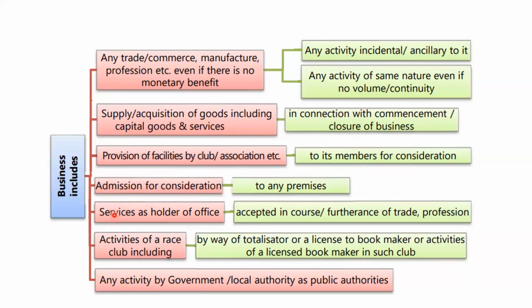Services, which is basically the holder of the office, here he will be accepted in the course or the furtherance of your trade and profession. Here, the activities of a race club, which includes by way of totalizer or a license to bookmaker, or the activities of a licensed bookmaker in such club.